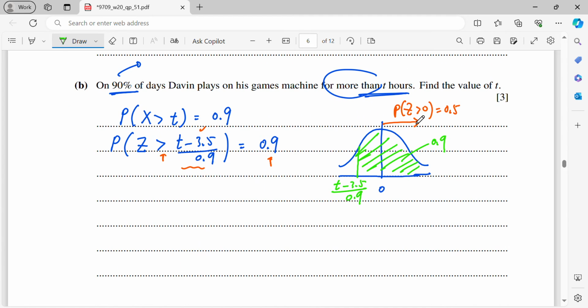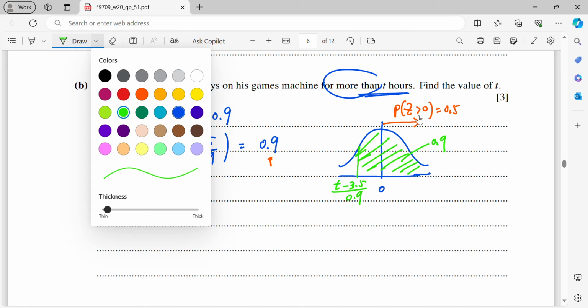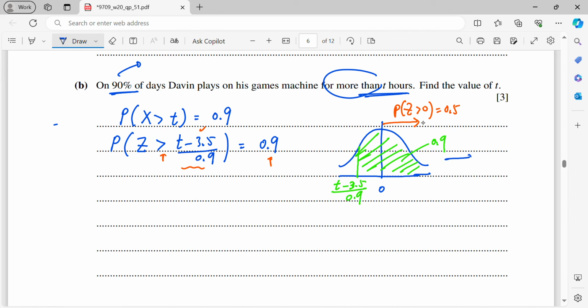But now, if you refer to this graph, obviously the line is on the left hand side of 0, which means it is negative. So whenever it is negative, you must reflect to be positive because our z value in the table is always positive. Therefore, when I reflect the green region, that becomes the blue region.